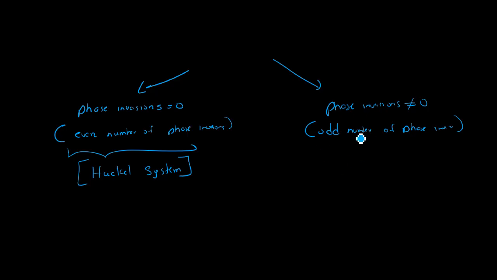If you reduce it to the lowest amount, you can't make it 0, you will have at least 1, sorry, not 0. So you can't make the phase inversion 0 in this case. So if it's not a Huckel system, we call it an anti-Huckel system.